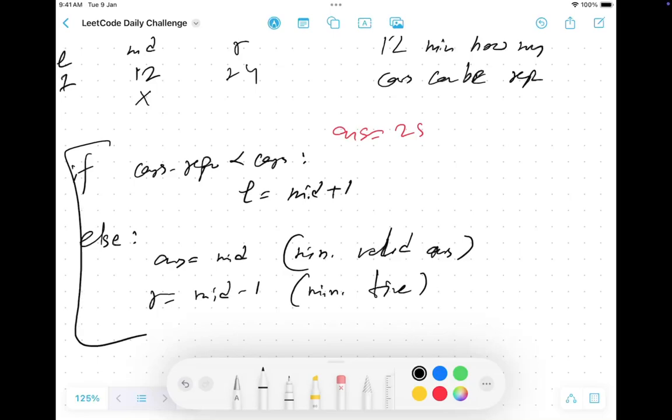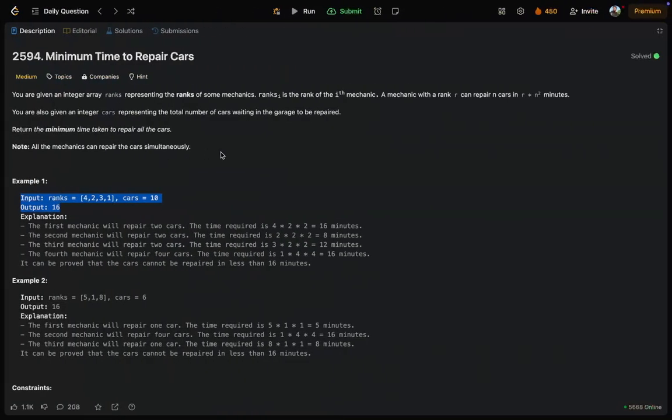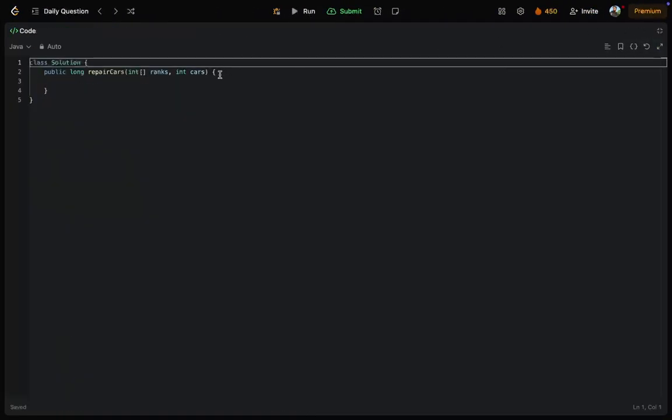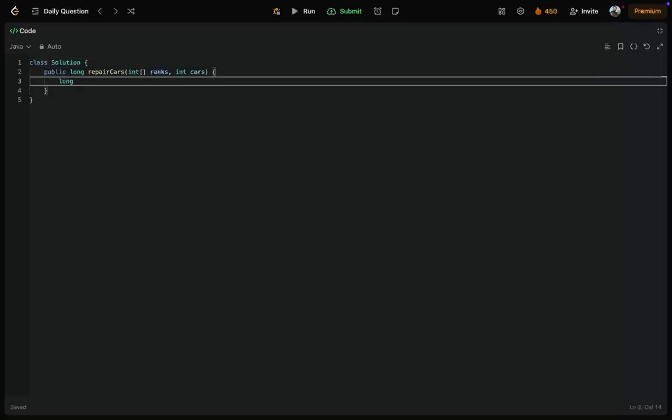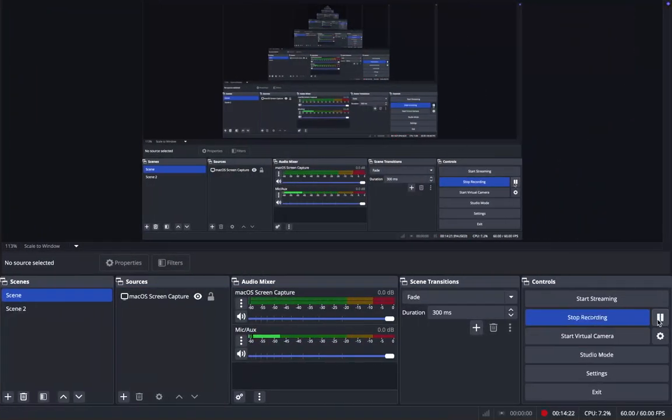So this will be my equation, right? And I want to calculate these cars to be repaired in a separate function. So let's code this. So first let's find L and R. Min dot, so 1 second.